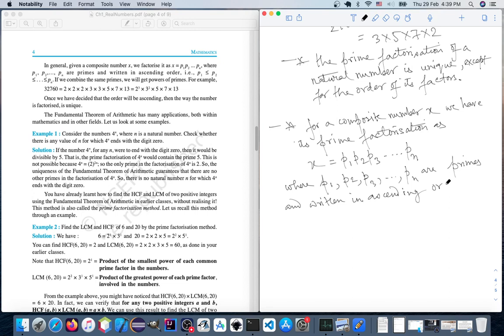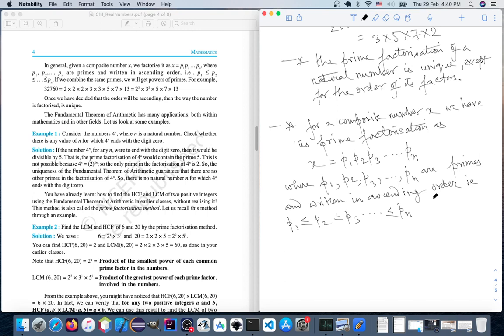Ascending order means increasing order, which means that p2 is greater than p1, p3 is greater than p2, and like this, that is p1 is less than or equal to p2, is less than or equal to p3, likewise less than or equal to pn.